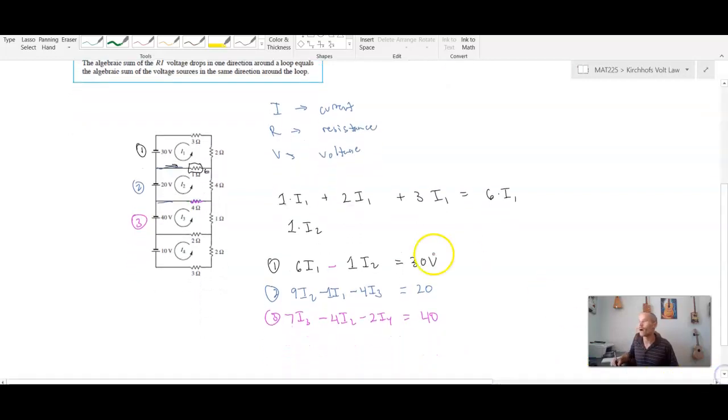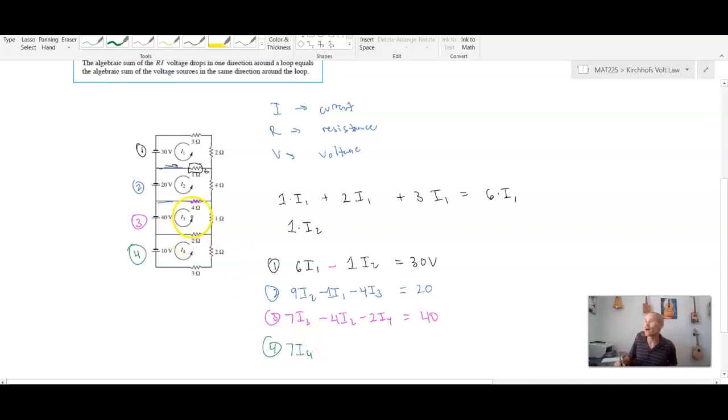And now we can move on to the fourth loop. Well, how many voltage drops are there going to be? There's going to be one due to the loop itself, which will be 3I4 plus 2I4 plus 2I4, which gives us 7I4.